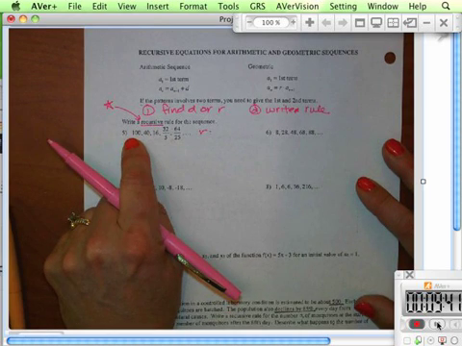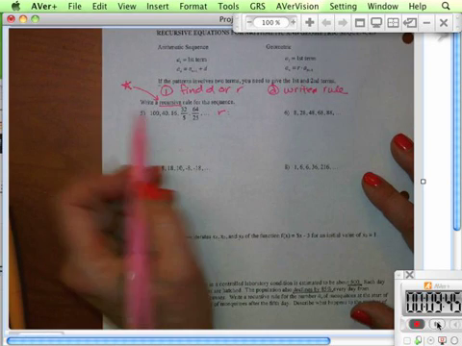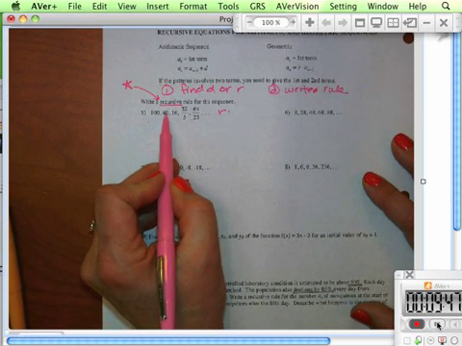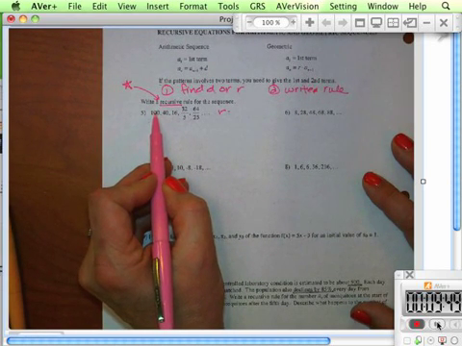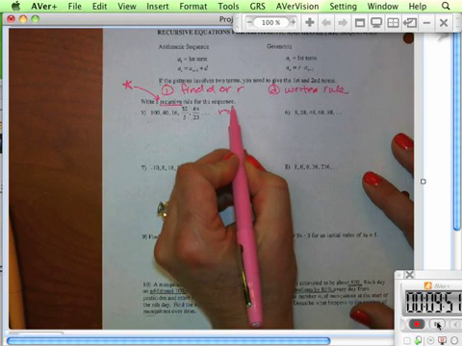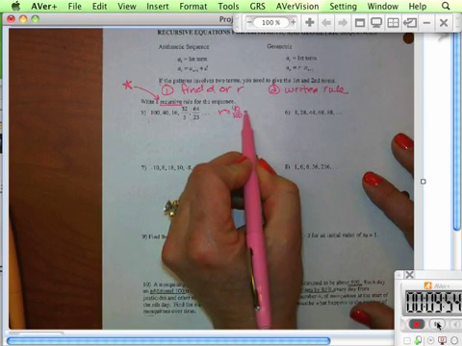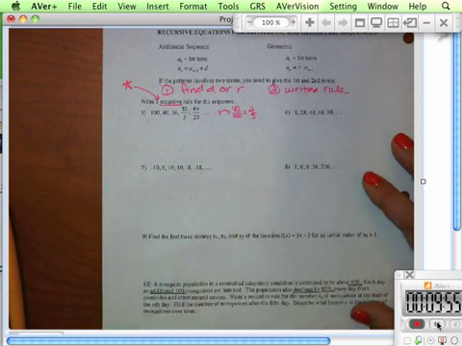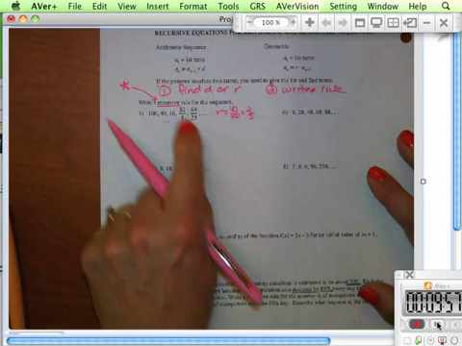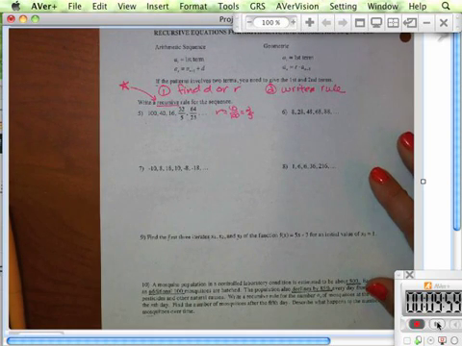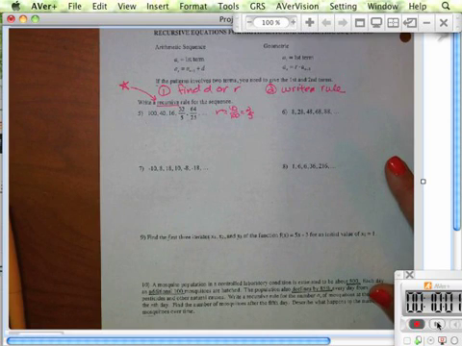Remember, you can come up with the ratio by taking this term and dividing it by the previous term. So 40 over 100 reduces to 2/5. If you did 16 divided by 40, you would get the same ratio. So that's what R is, okay?